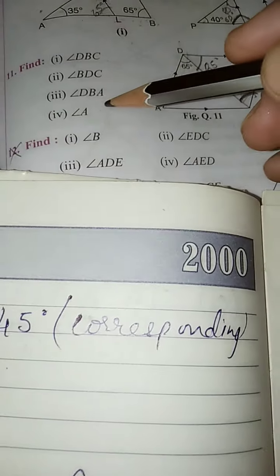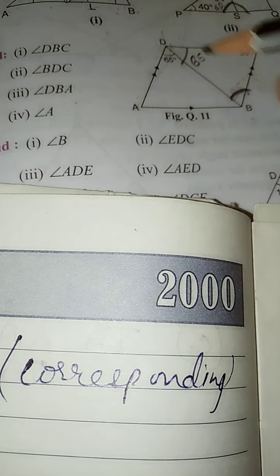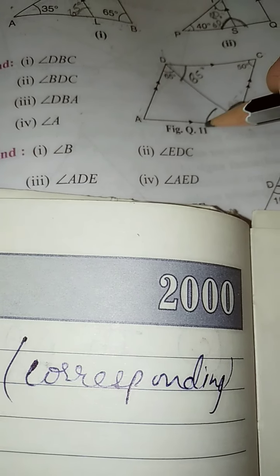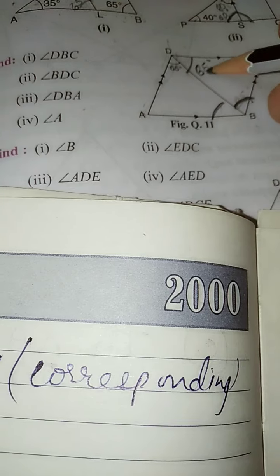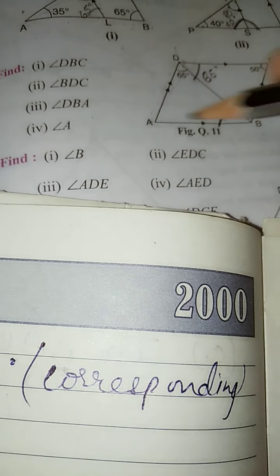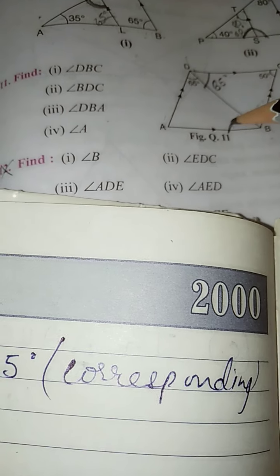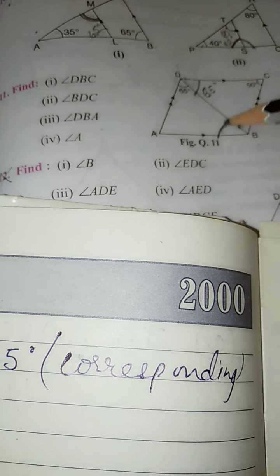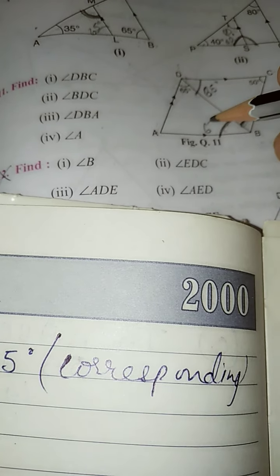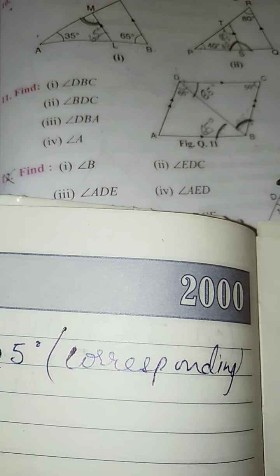Now next, angle DBA. See, again these two angles are alternate angles because again AB is parallel to CD intersected by DB, so these two are alternate angles, so they will be equal. So if it is 65, this will also be 65 simply.